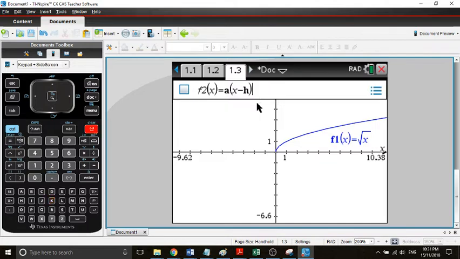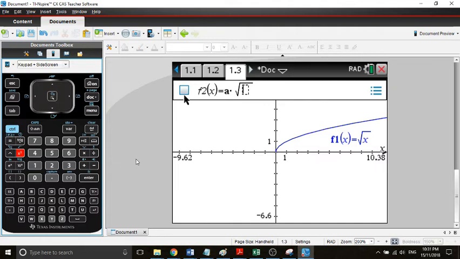Likewise, with a square root function, what we have is y equals a times the square root of x minus h, plus k. Now what happens with that is a controls the dilation, and it also determines the reflection in the x-axis. So if it's positive, it's going to do this. If it's negative, it's going to go down there. We'll have a look at that in a few minutes.